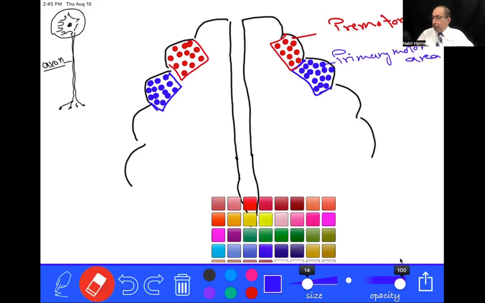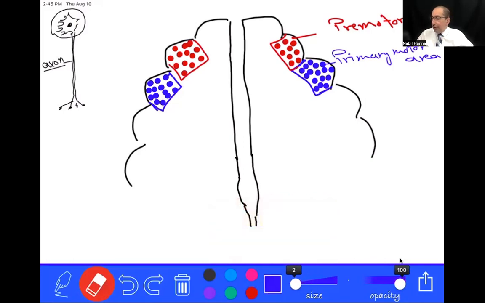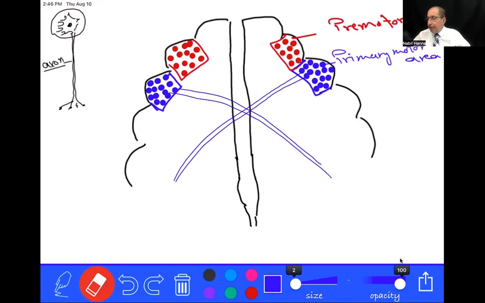Now, out of these cell bodies come nerve fibers. And the nerve fibers coming from the primary motor area, I'm going to draw them in blue, they follow a certain tract and they cross to the opposite side. Okay, so they come out of the primary motor area and they cross to the opposite side.